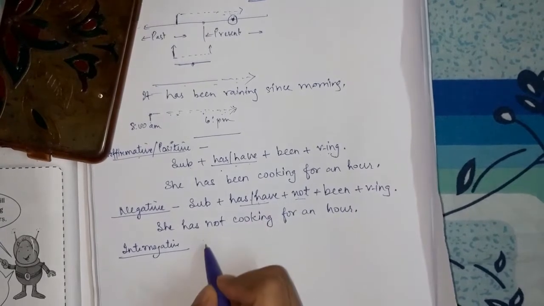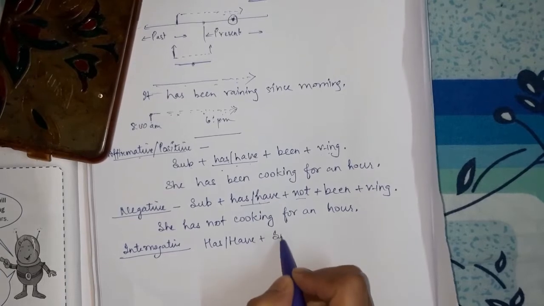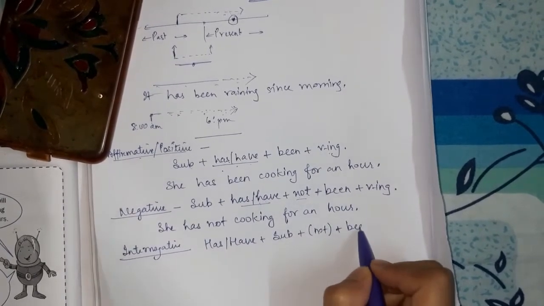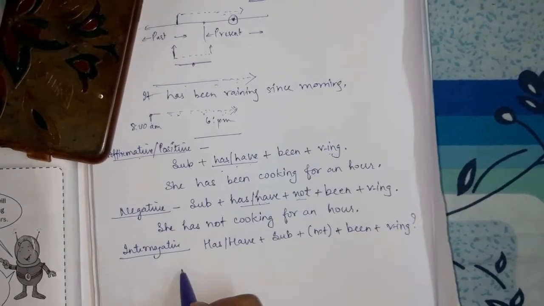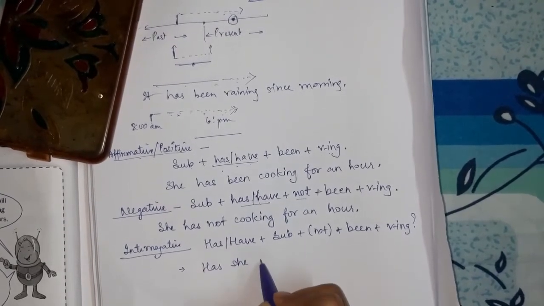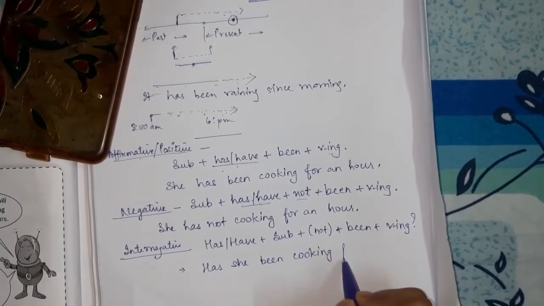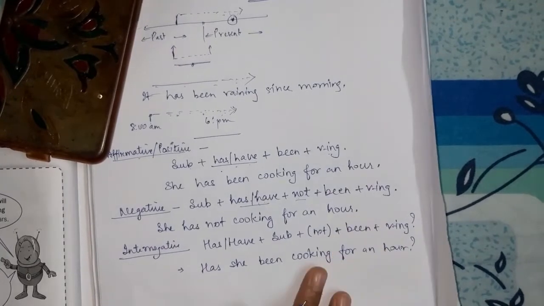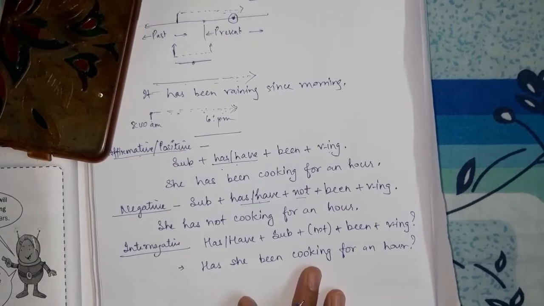So has or have plus subject, if not is there then not will remain here, then been plus verb in ing, and then question mark. If I take the same example: has she been cooking for an hour? So this is all about the form of writing present perfect continuous tense.